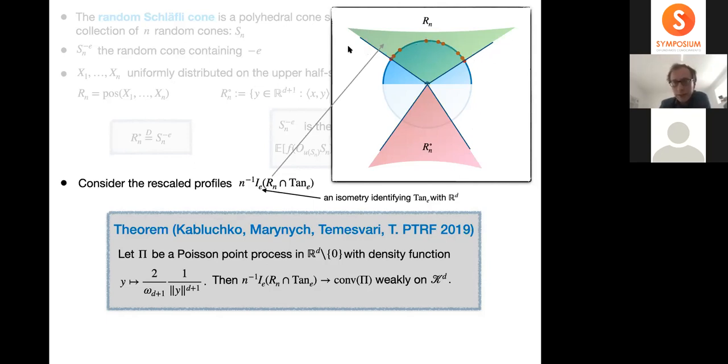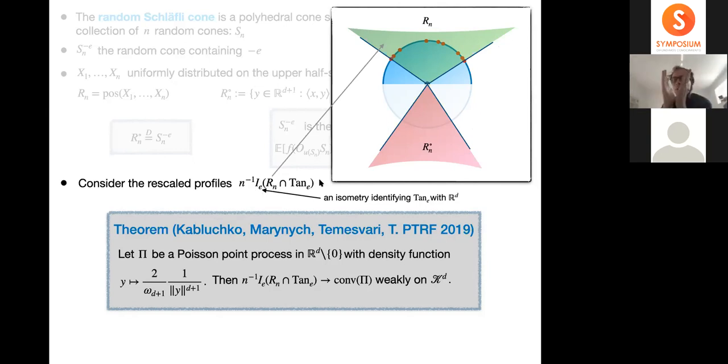You look at the tangent space at the north pole. You intersect it with the cone. And this gives you a random polytope in this tangent space, which you identify now with R^d. So this I_E is just an isometry identifying the tangent space with R^d and the point E, the north pole, with the origin of R^d.